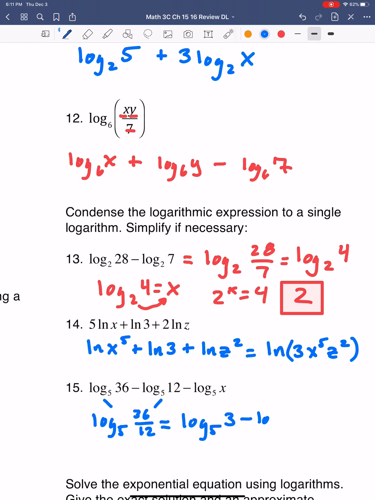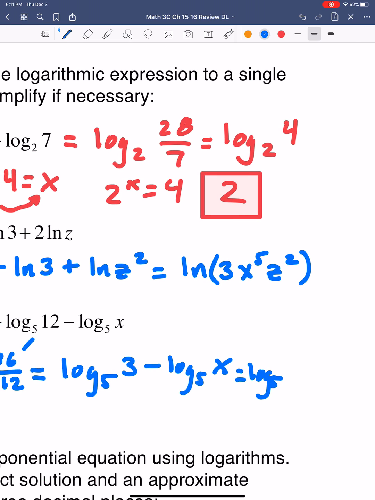Remember, I still have this log base 5 of x. And when I go ahead and condense that, well, subtraction turns into division. So this is going to be log base 5 of 3 over x.